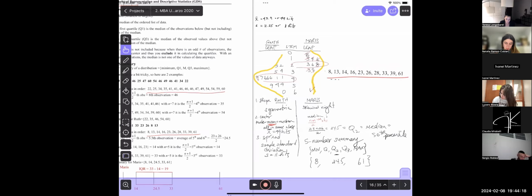So if I divide it in 2, 24.5 is here and it divides the data in half. What is the Q1? It's the middle of the first half. What number is that? What is the middle of the first half? 14 is in the middle.